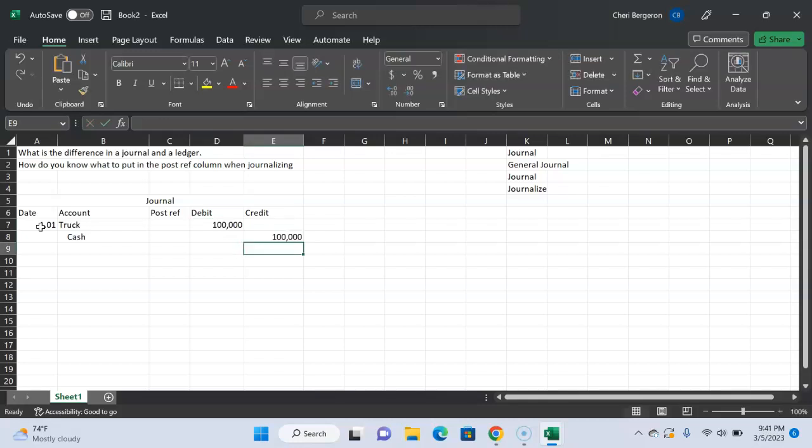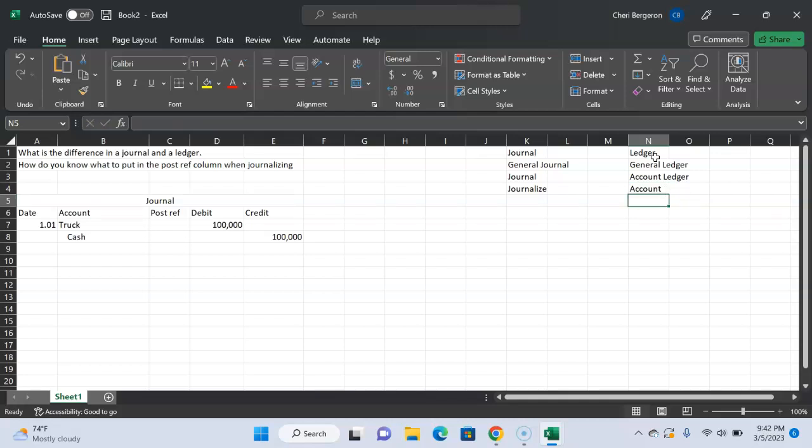That's a transaction. Then we take that journal entry and we post it to the account. Here's where it gets confusing again. We have lots of different words for an account. We may call it a ledger, a general ledger, an account ledger, or just an account. But all those mean that we took it to an account.